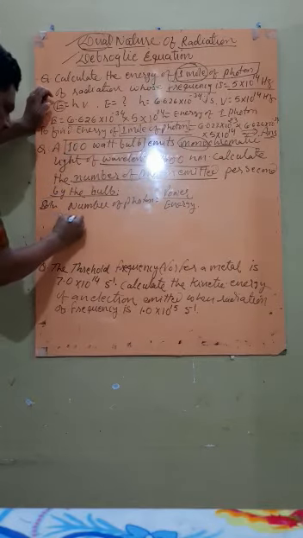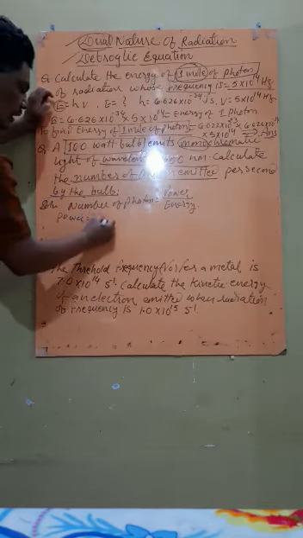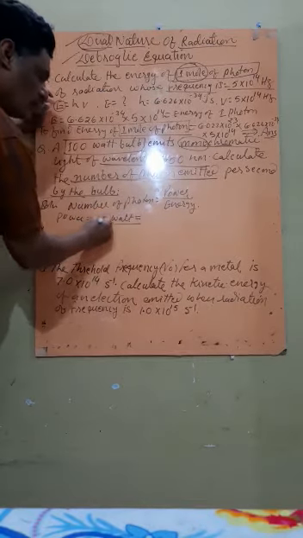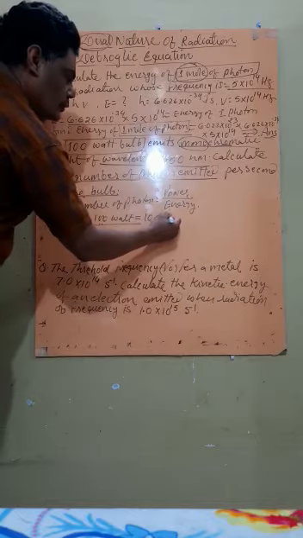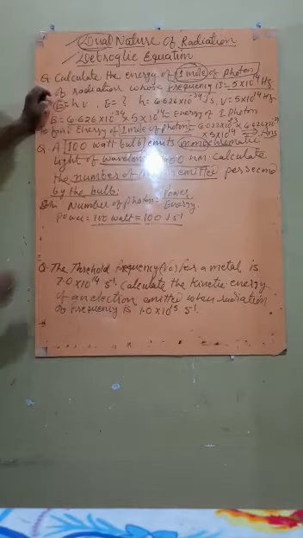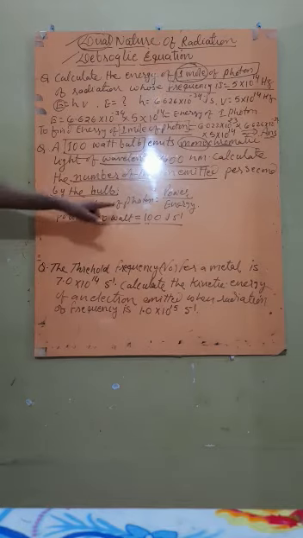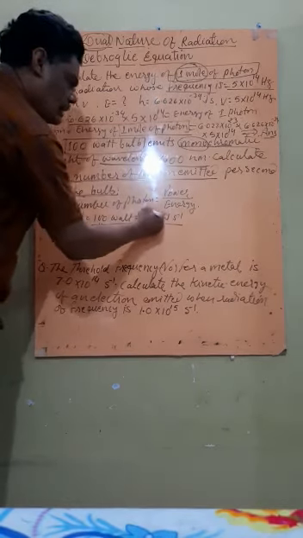So power is equal to 100 watt is equal to 100 joule per second. This is the meaning of power. In that way we are changing the power, converting watt into joule per second. Remember, it is a very important thing.